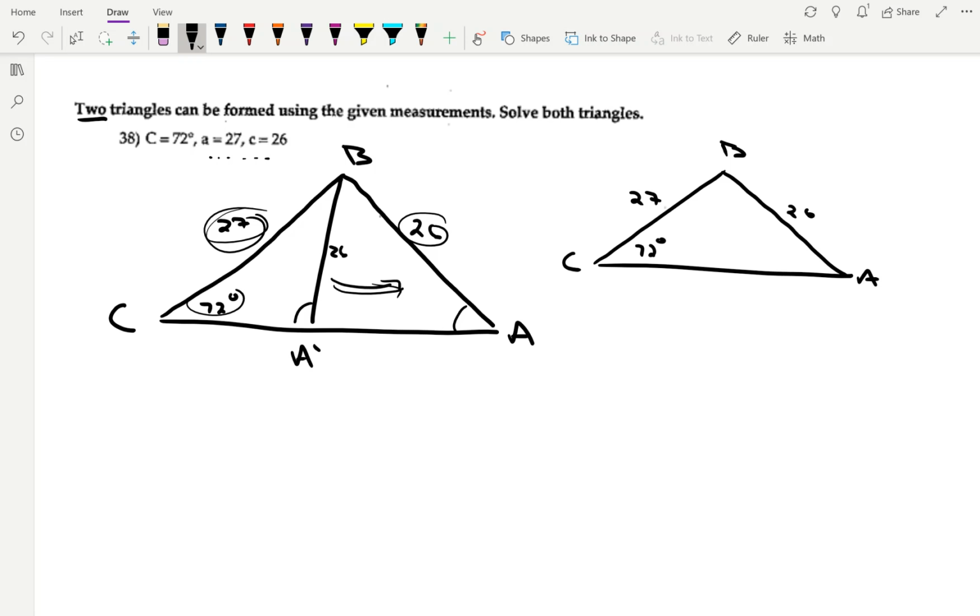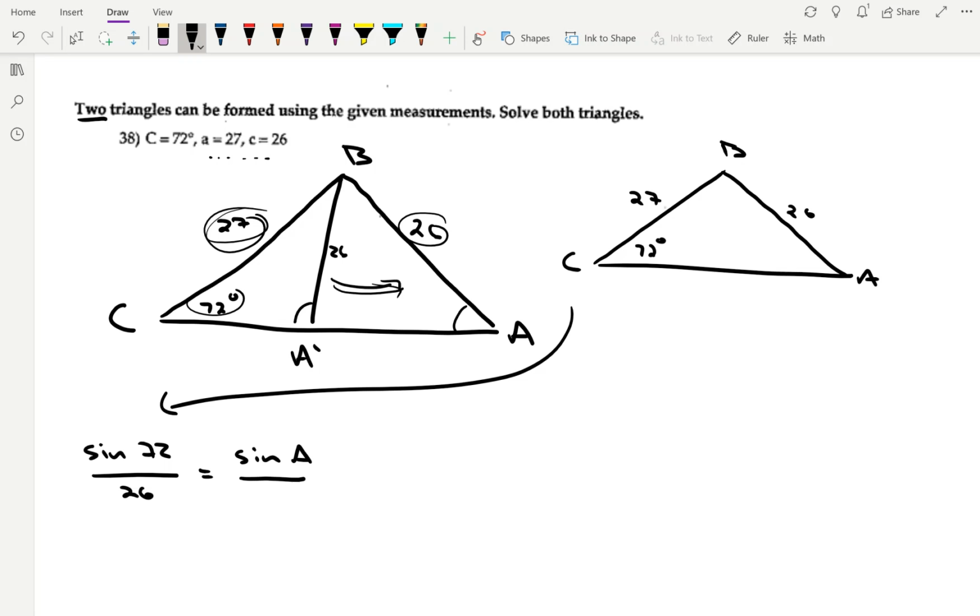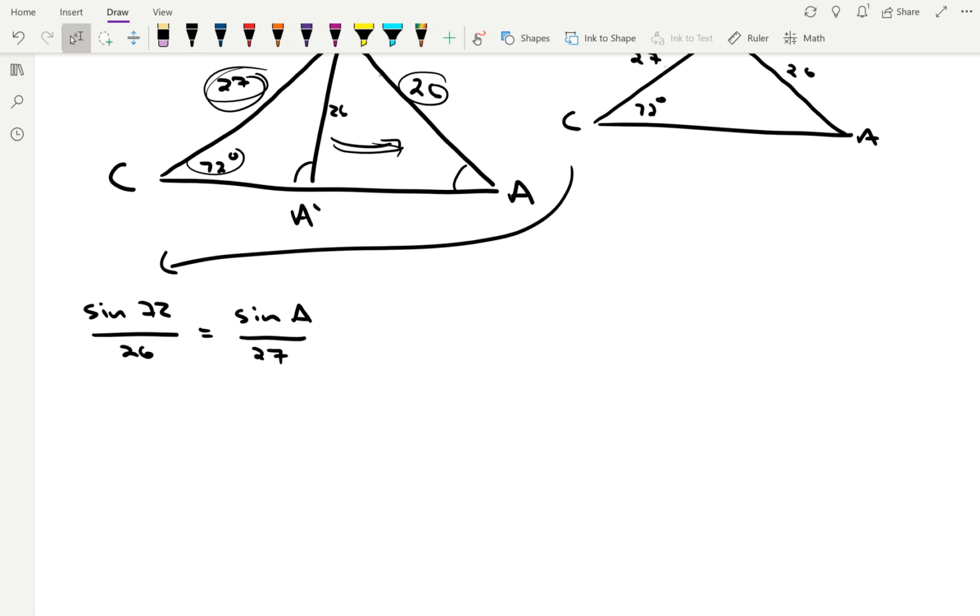So here I could just say, okay, sine of 72 over 26 is equal to sine of A over 27. So this is where we have to use the inverse function on our calculator.